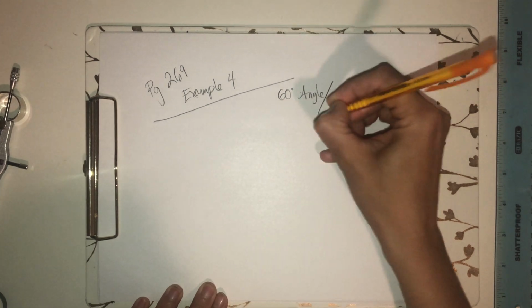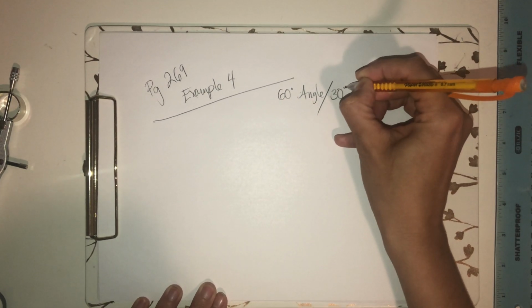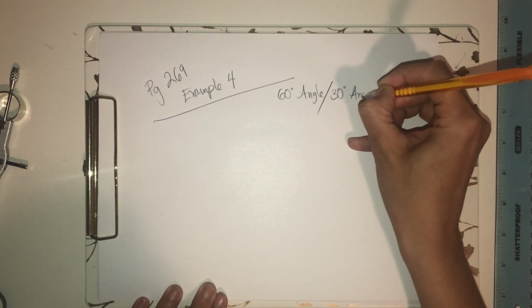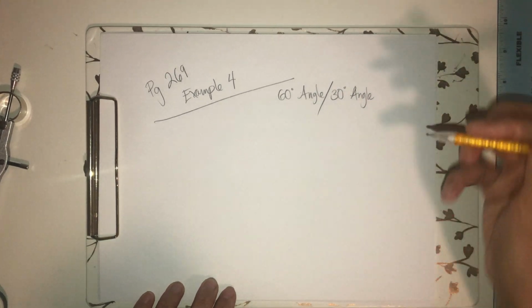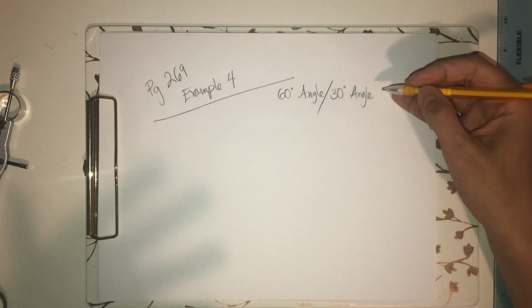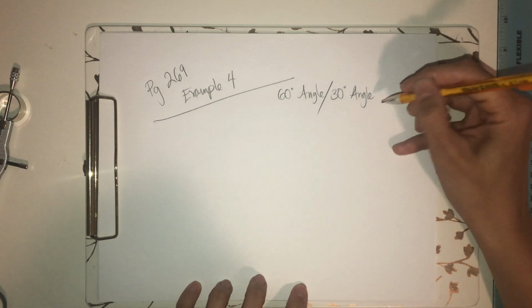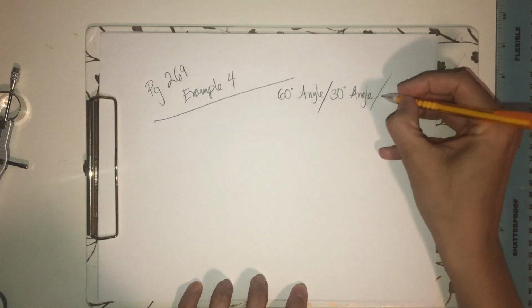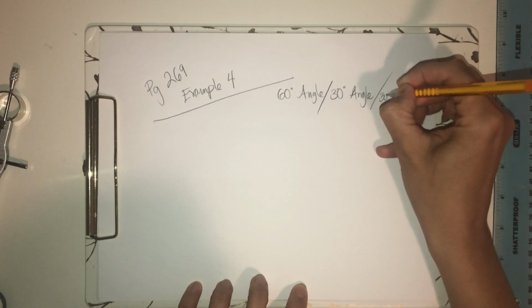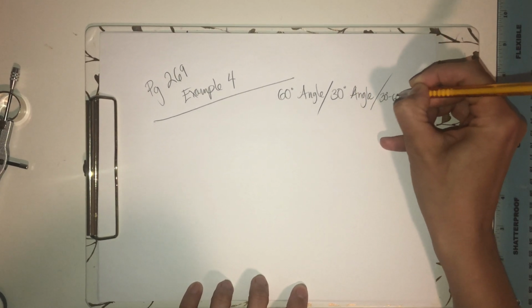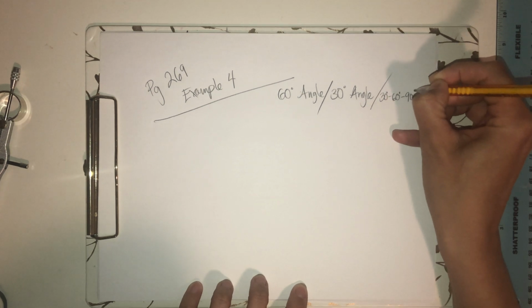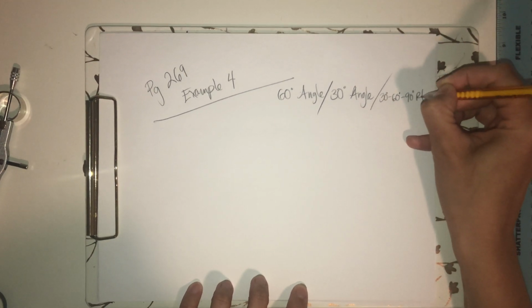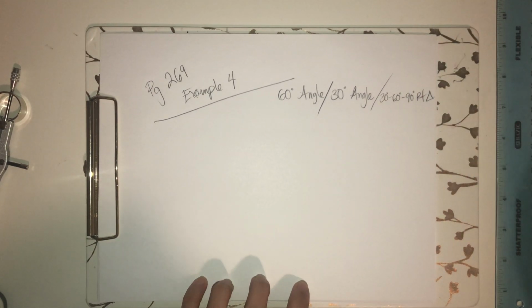And then we're also going to bisect it to give you a 30-degree angle. So this will be a little bit of a review on the angle bisector procedure, but then also in the midst of making this happen, we're going to create a 30, 60, 90 right triangle. We have some real cool stuff coming out of this.